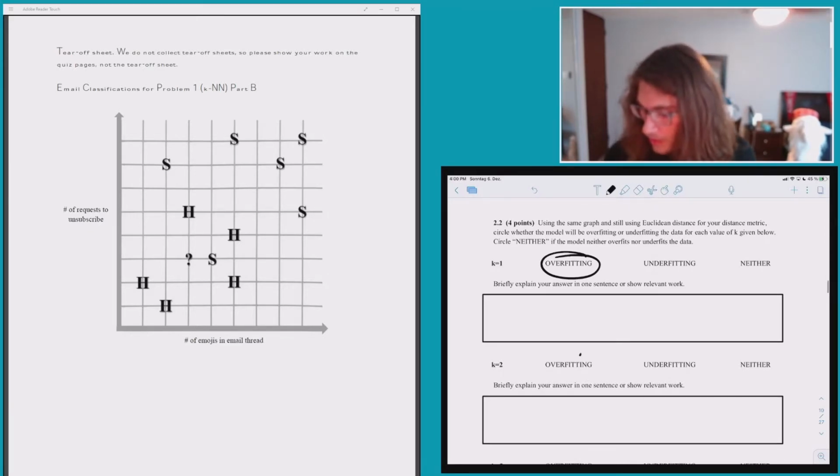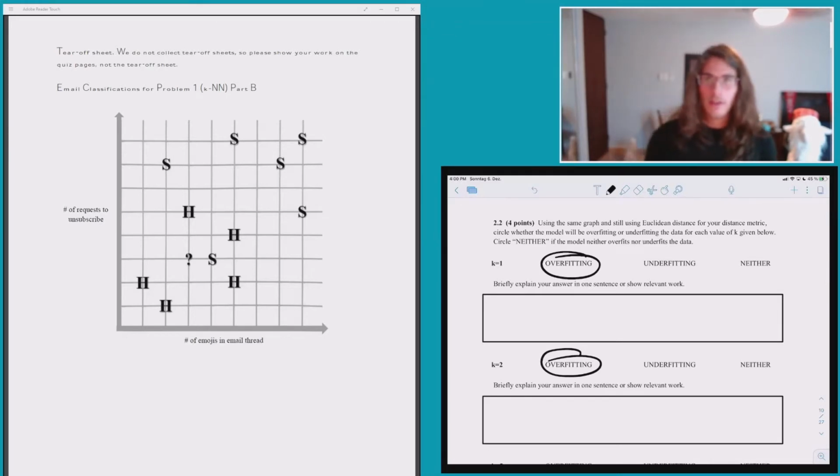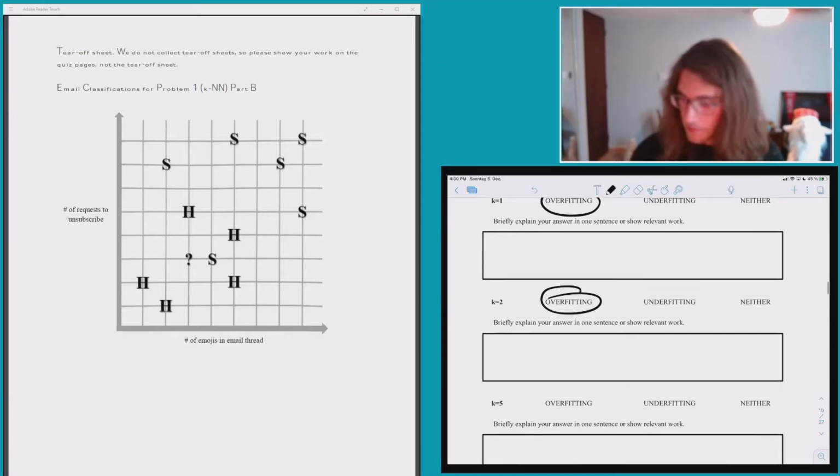And k equals 2 is the same thing. Even though we couldn't determine the classification, that's actually precisely the problem, because an outlier made the classification ambiguous. We couldn't decide whether it was actually an H or an outlier or an S. And this sensitivity to the power of the outlier is what we consider overfitting.